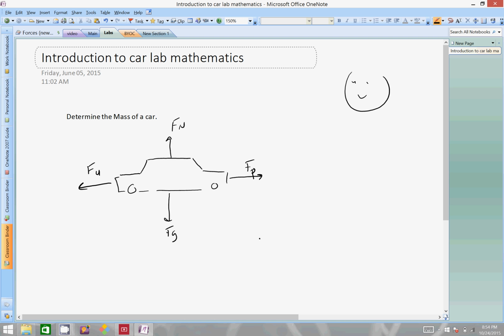Assuming there's an unbalanced force in the forward direction, the net force, which I refer to as just adding the forces together, is equal to the force of push minus the force of friction. The friction has a negative direction, since it's going to the left. Now you should note that whatever force we apply, the difference in the net force will cause the mass of the car to accelerate.